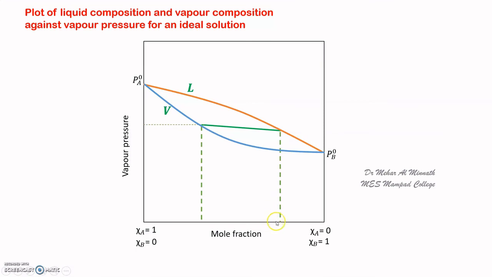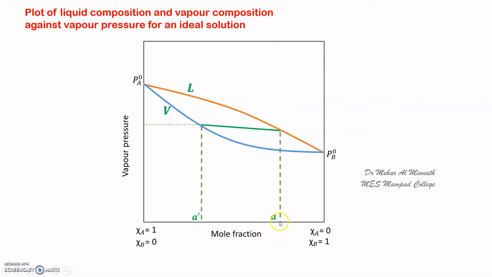So you get a composition over here, A, that is, this gives us the mole fraction of the liquid state in the solution at this pressure, right? Mole fraction of the liquid phase at this pressure, and A prime will be the mole fraction of the vapor phase at this pressure. So when you look at A and A prime, what do you observe?